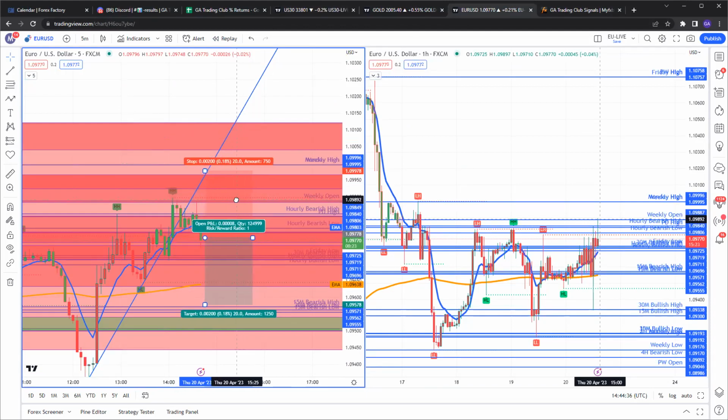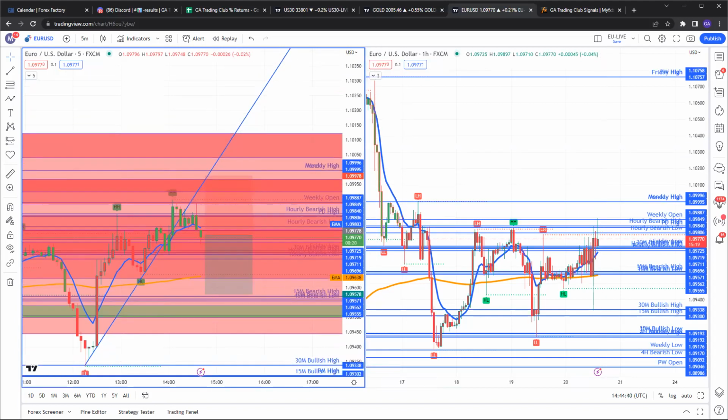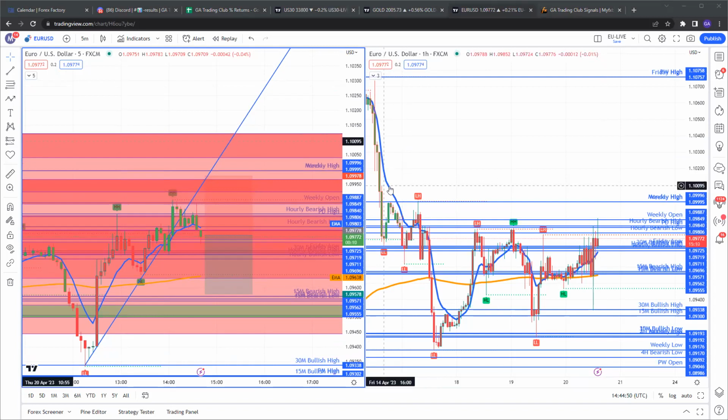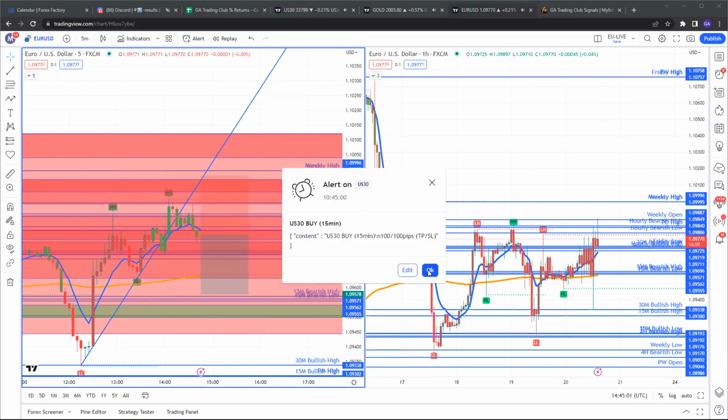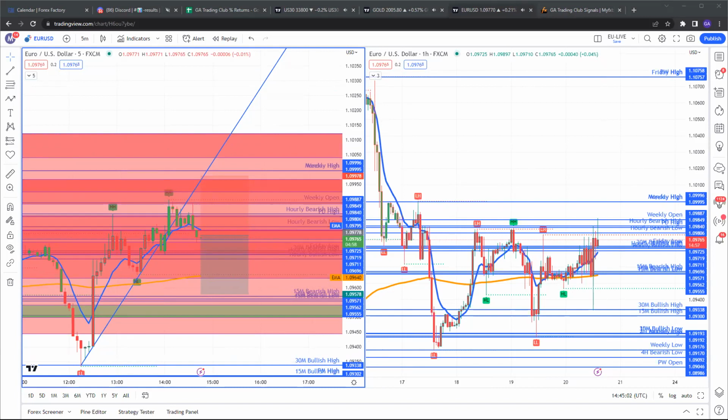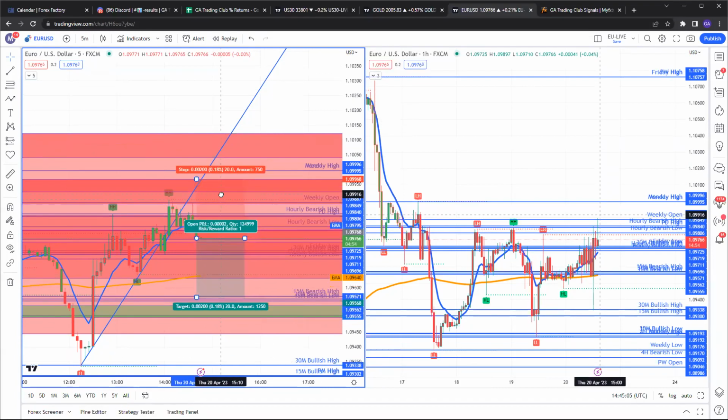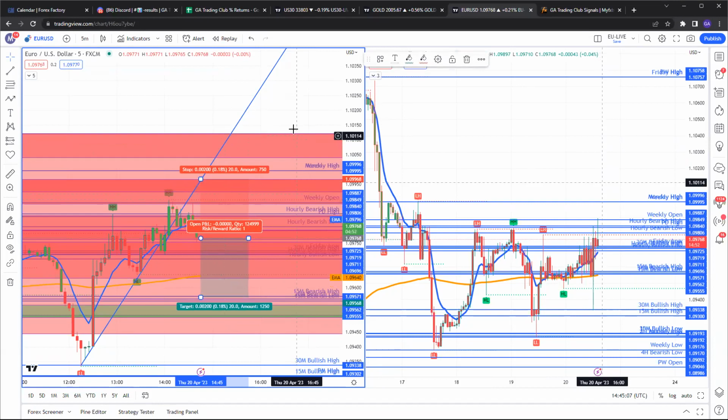Do I wanna, let me see, 22 seconds. Let me look at my chart to see. EU, I mean, it's looking good for me. See where a 20 pips stop loss would be, 20 pips take profit. Yeah, so I'll enter this short on EU, 20 pips stop loss, 20 pips take profit.